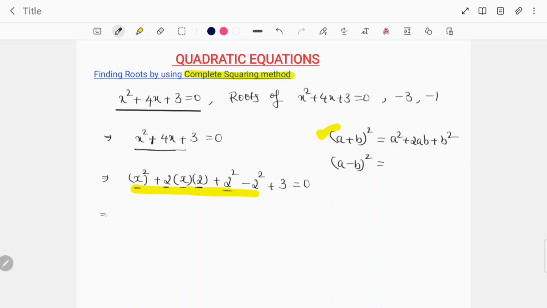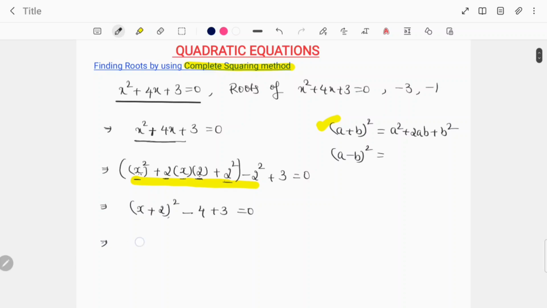Now we consider this as a plus b whole square form, which we can write as x plus 2 whole square, because a square means x square, 2ab, plus b square, where b is 2. Here 2 square means 4, plus 3 equal to 0. Now x plus 2 whole square minus 4 plus 3, which is minus 1, equal to 0.